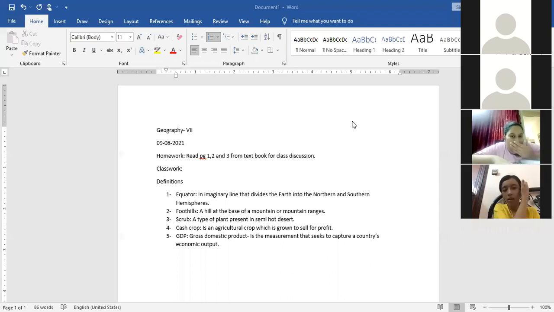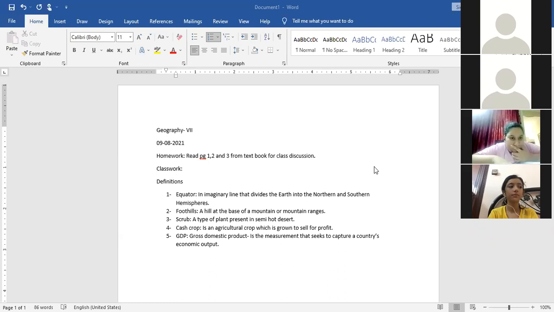It will not be a direct cone that they're forming; rather, there'll be small mountain ranges or mountains near the base of the mountain. So there'll be small hills at the bases, and they are known as foothills.